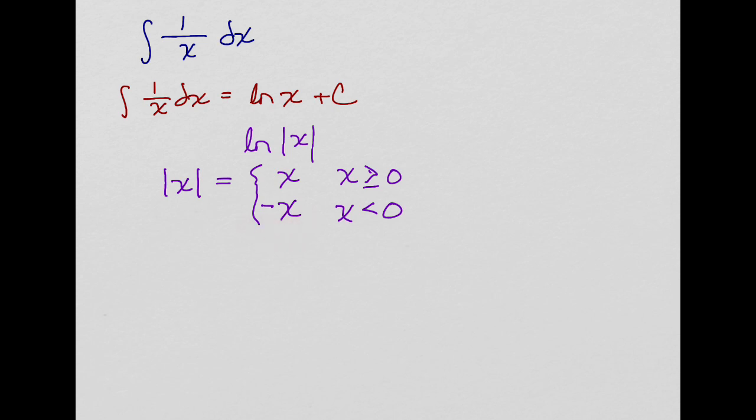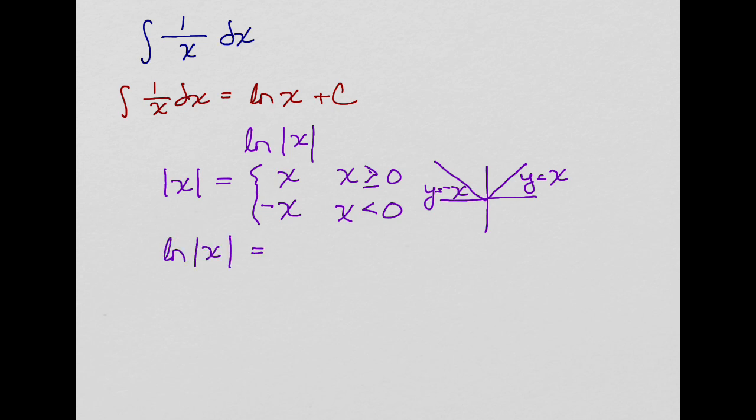Hopefully this makes sense if you remember the graph of the absolute value function also. The graph of y equals x to the right, slope of positive 1. The graph of y equals negative x to the left, slope is negative 1. So that means the natural log of the absolute value of x, I could write like this.